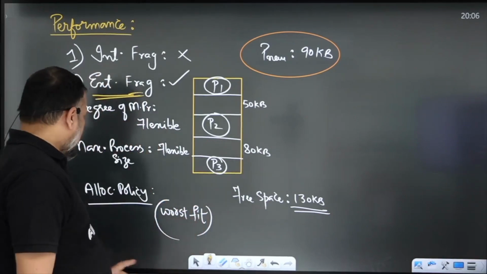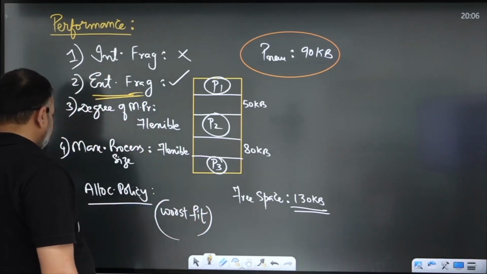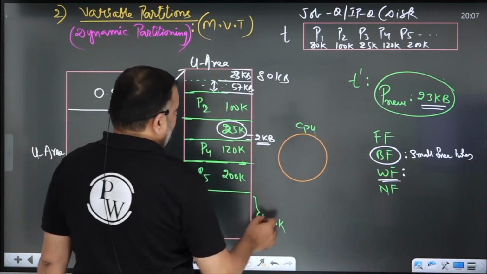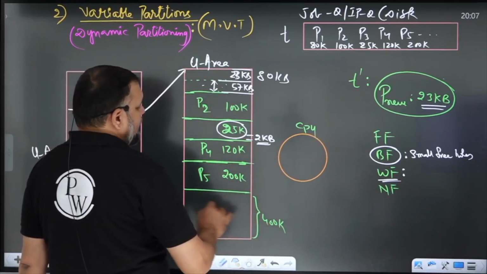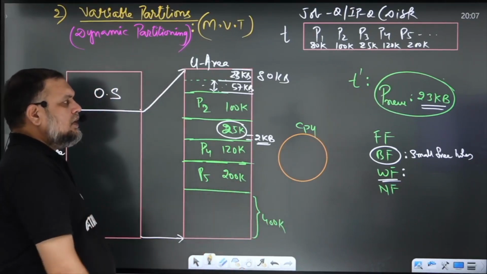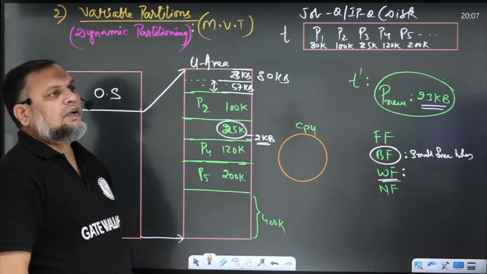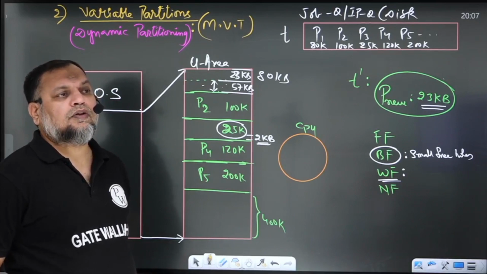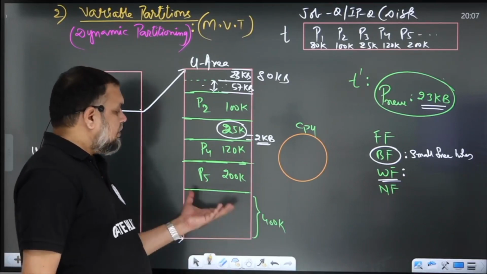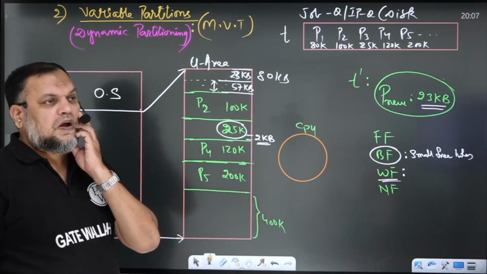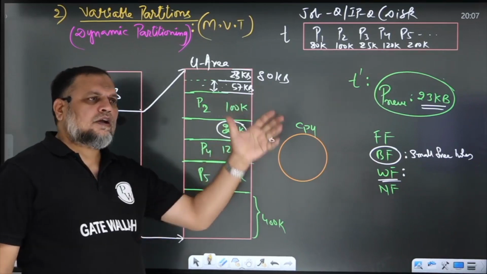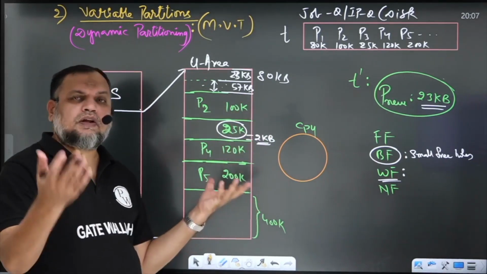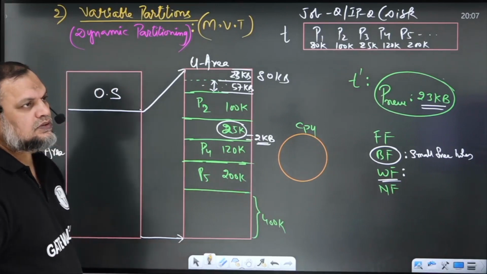Look at this. If I place 23K in 400K, what is the size of the new free hole? It will be 377 KB. That will improve the chance of accommodating a new process. 2 KB cannot accommodate a new process, but 377 can. That's why worse fit is better.